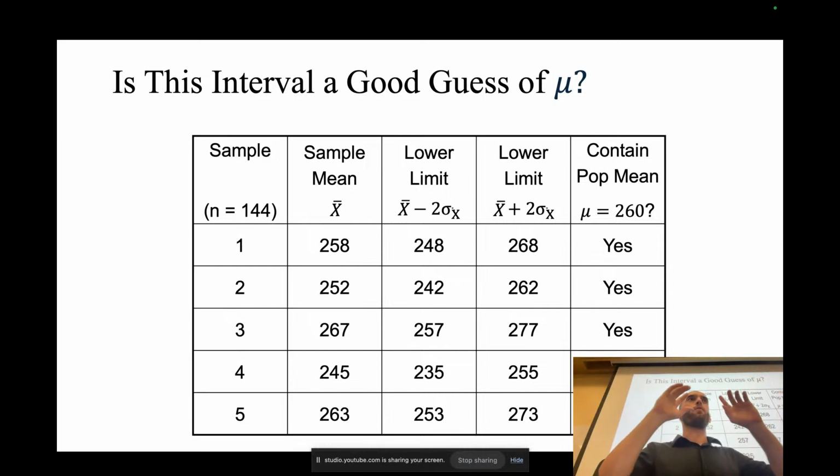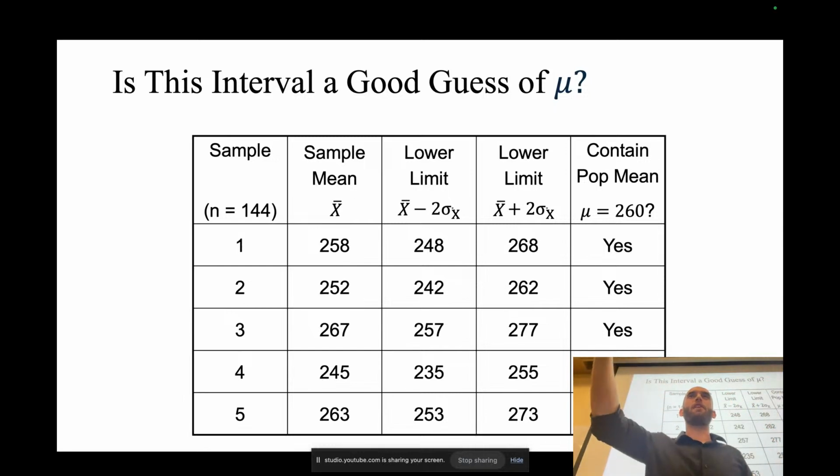We're plugging the X bar into the distribution that we got from the central limit theorem, but because the sample itself is a random variable, that thing is going to move around.